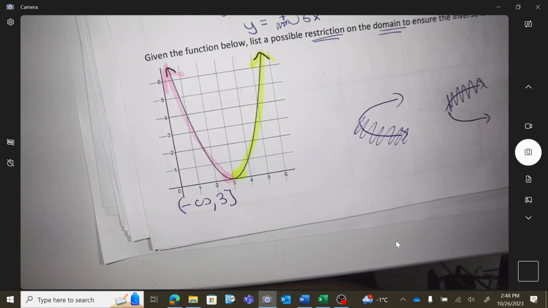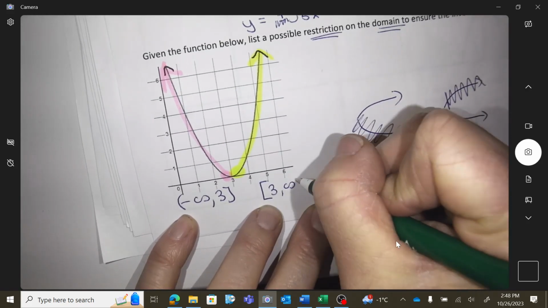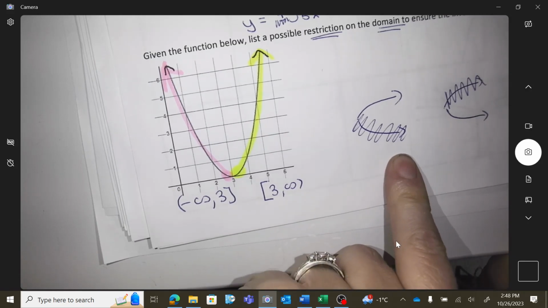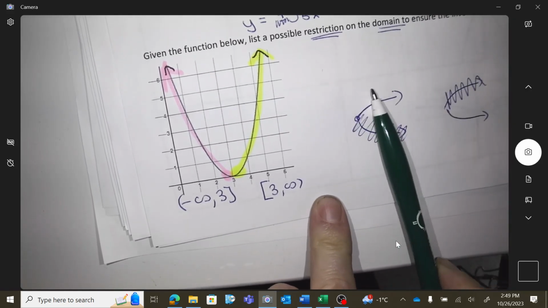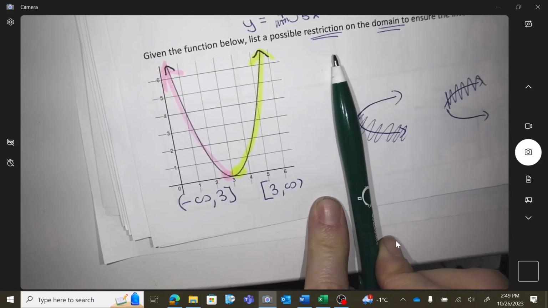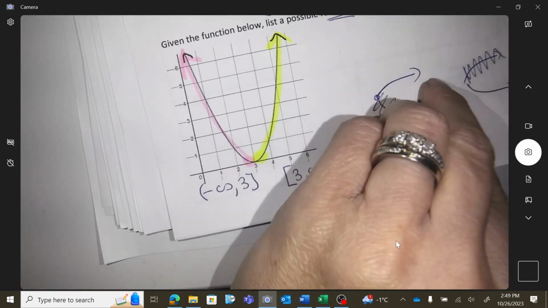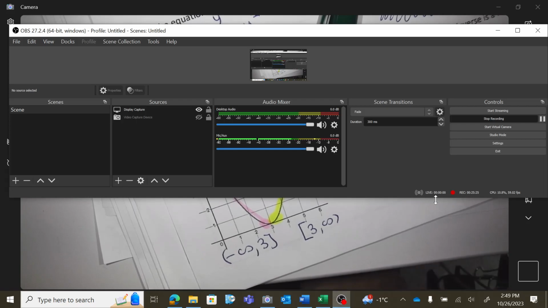And if you picked the yellow half, it would be 3 to infinity. So you can only pick one half of it, so that when it inverses, it clears the test. Inverse. Done. Boom.